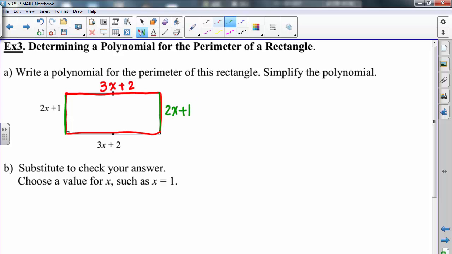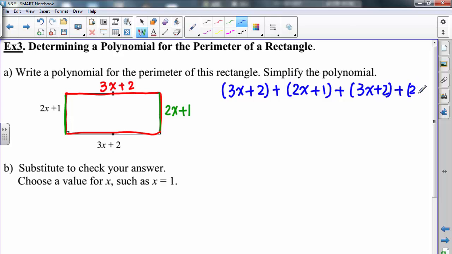So what I need to do is, I need to add all 4 sides up. I can do 3x plus 2 plus 2x plus 1 plus 3x plus 2 plus the last side 2x plus 1. So you can remove the brackets.